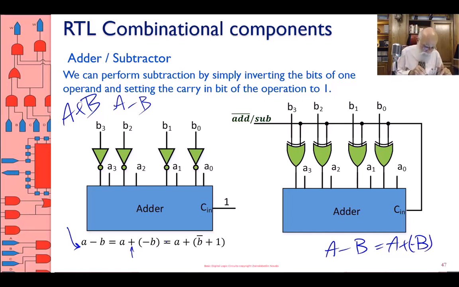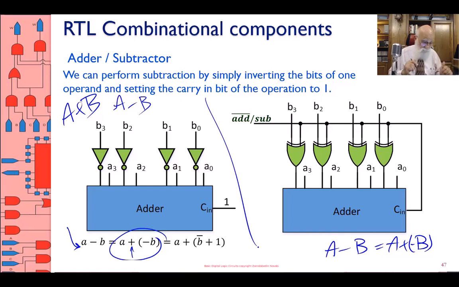So here what I have is A plus minus B. Minus B, how do I calculate this? This is 2's complement. How do we calculate 2's complement? We calculate 2's complement by complementing all the bits of it and adding a 1 to it. And therefore minus B is B with all the bits complemented, and adding a 1 to it. Therefore, look at the left-hand side.